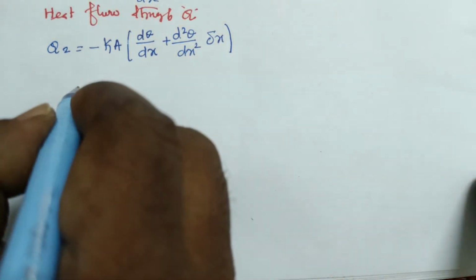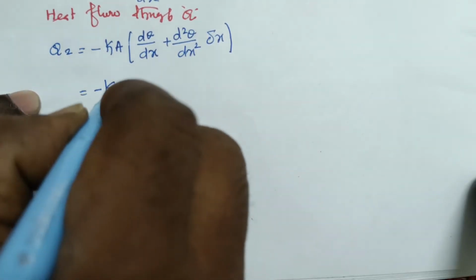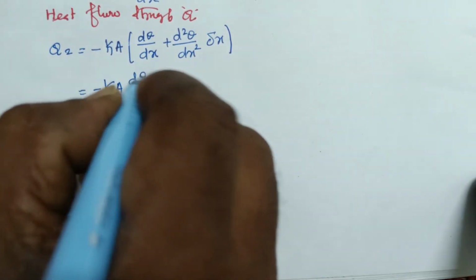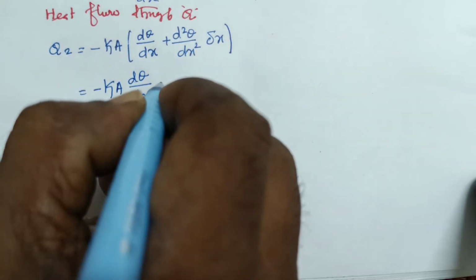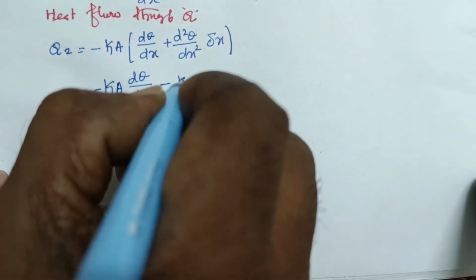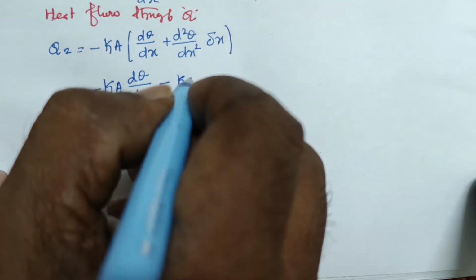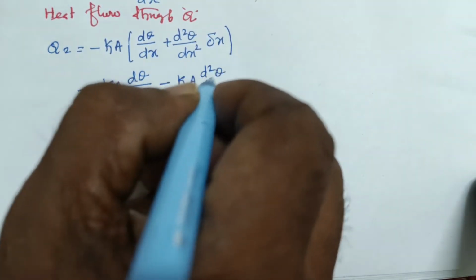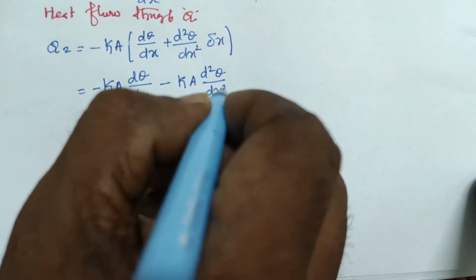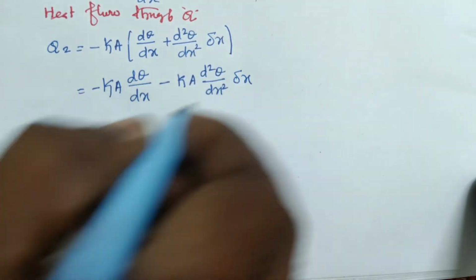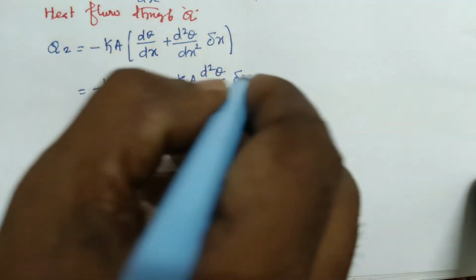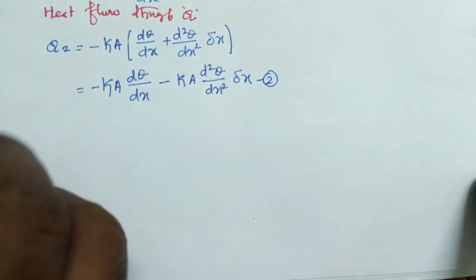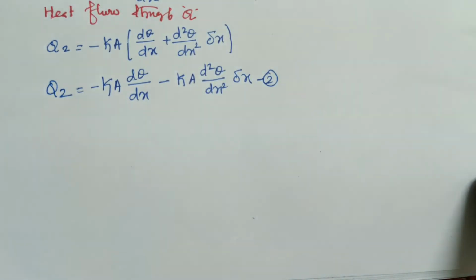Now we can write minus Ka d theta by dx minus Ka into d square theta by dx square del x. This is equation number 2, that is Q2.